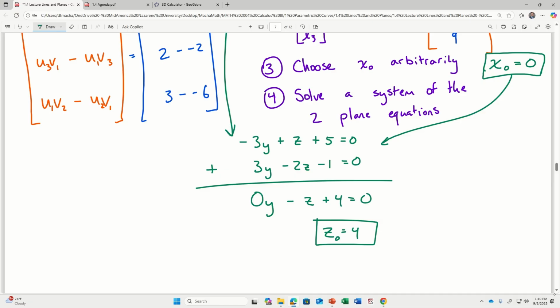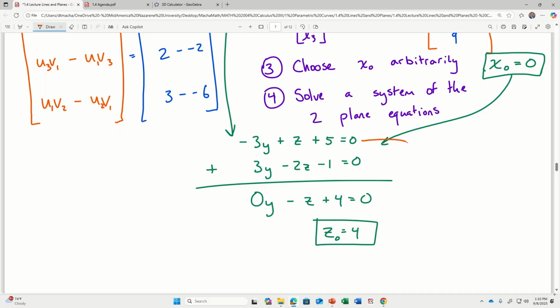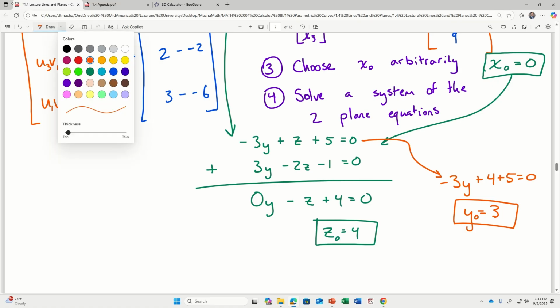Lastly, pick one of those equations, doesn't matter which one, and now we solve for y, because we know z has to be 4, and that means y has to be what? 3. Cool. So now I've got x naught, y naught, z naught, and I'm ready to write my final answer.